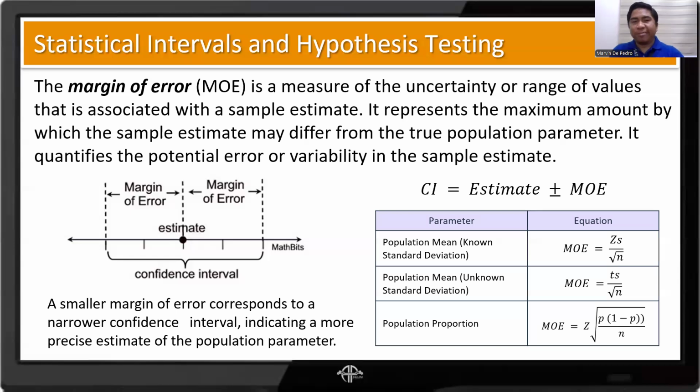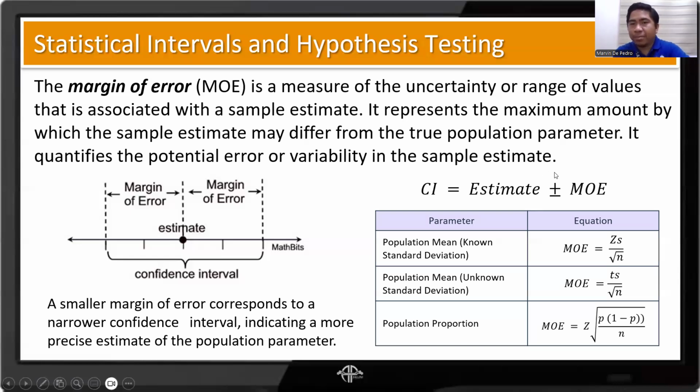So we choose a narrow MOE only so that we can be more certain of our estimate. There are many ways to compute the MOE depending on what is given, what is known or unknown.